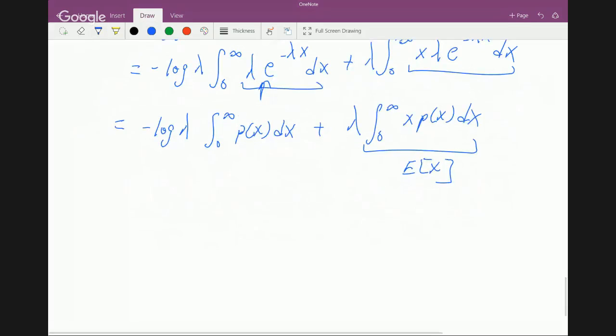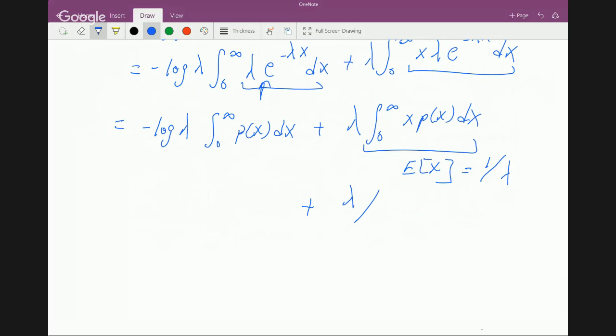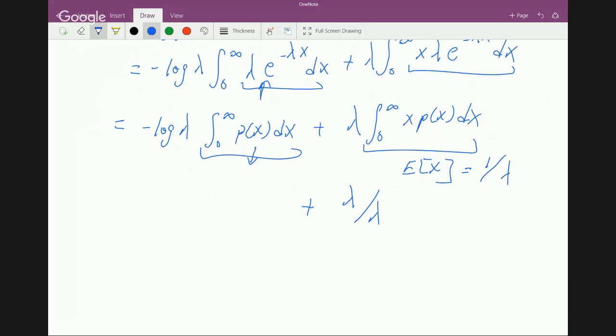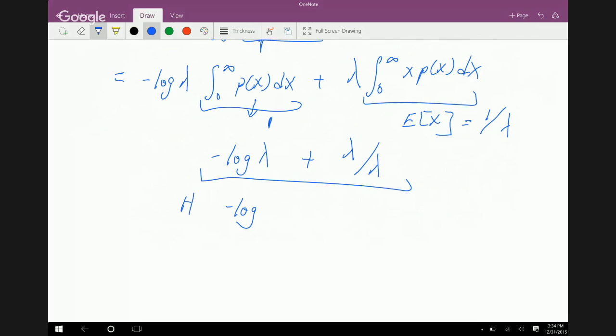If you look it up, the expectation is actually 1 over lambda. And therefore, lambda divided by lambda. And over here, the integral of the entire probability distribution is always equal to 1. And therefore, we got minus log of lambda. From this, we just got minus H is equal to plus 1.